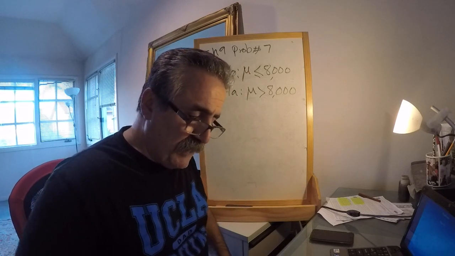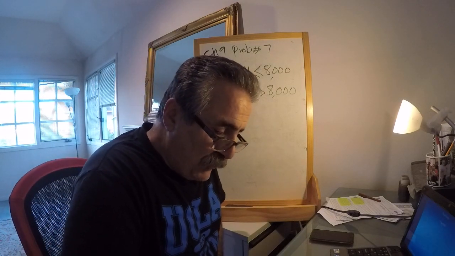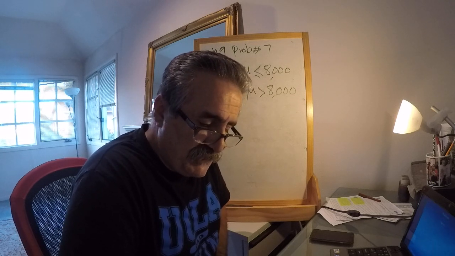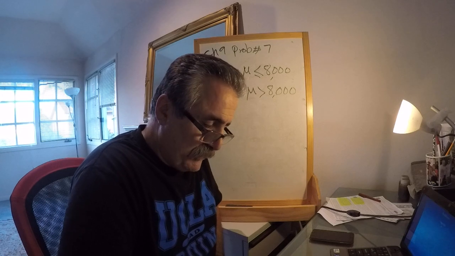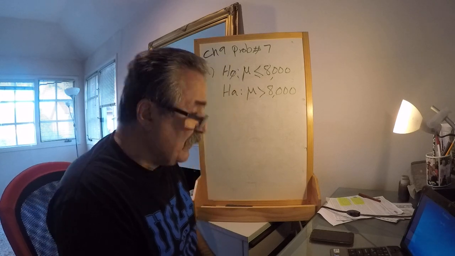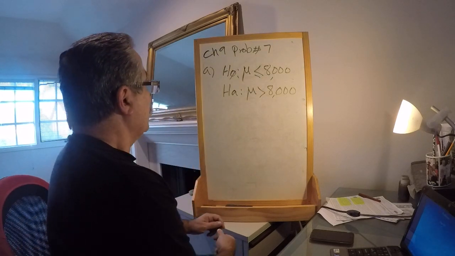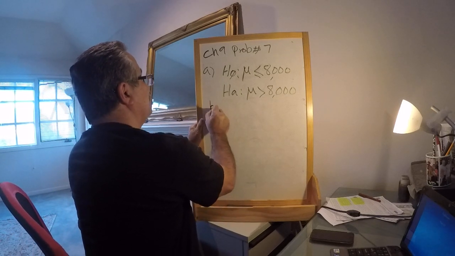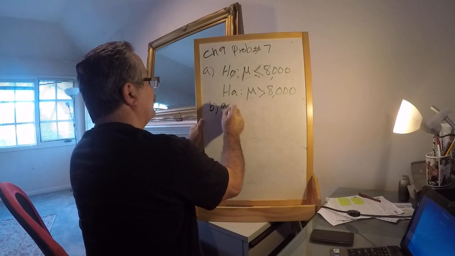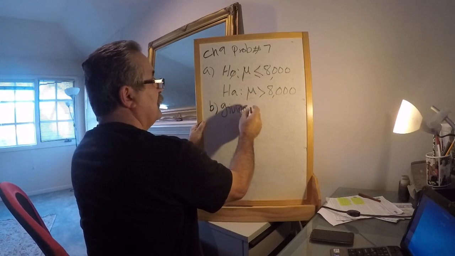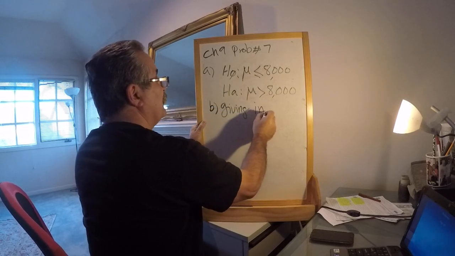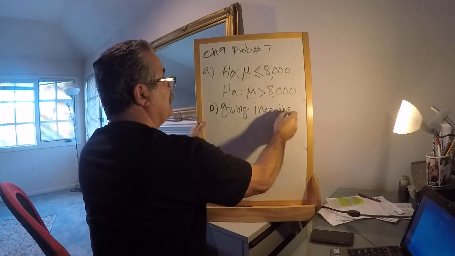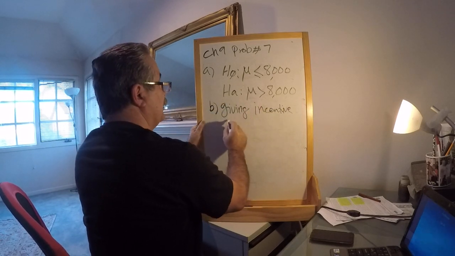For part B, what is type 1 error in this situation, and what are the consequences of making this error? Type 1 error is giving incentive while they should not have.